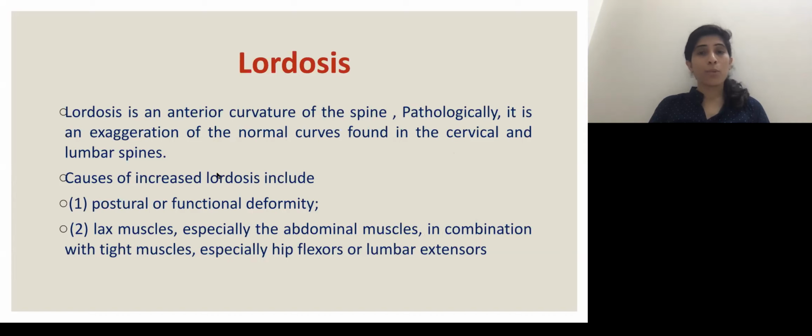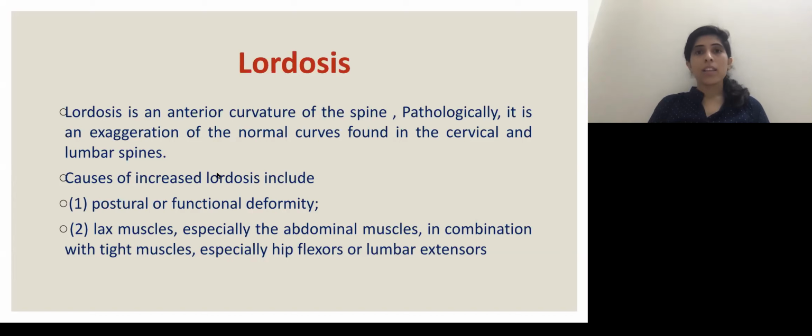There are postural functional deformities, and then the responsible muscles. If the abdominal muscles are weak, and the back extensors and hip extensors are weak and the hip flexors are tight, then this type of lordosis will develop.